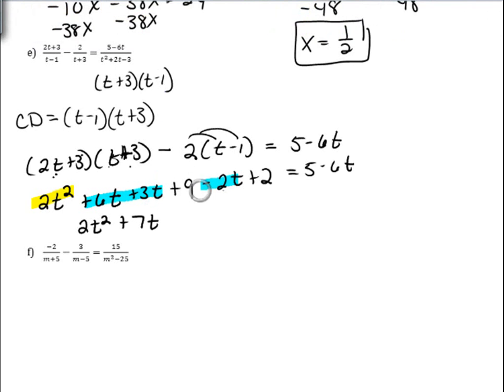And last but not least, we have 9 and 2, which is 11. This is a quadratic because we have t squared here. That means we need to gather up everything on one side of the equation and have 0 on the other side of the equation. So I need to subtract the 5 from both sides and add the 6t.